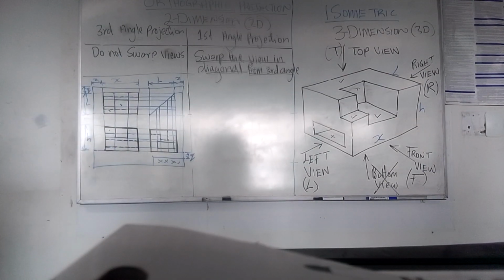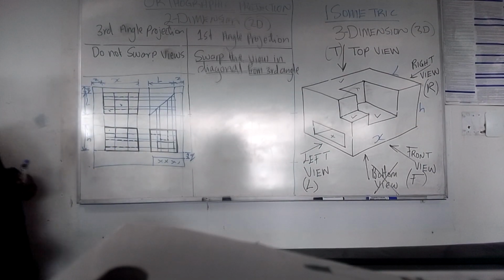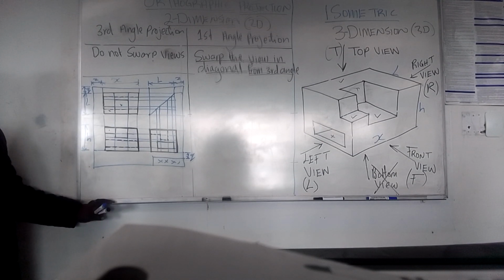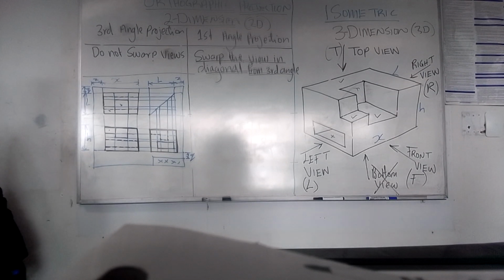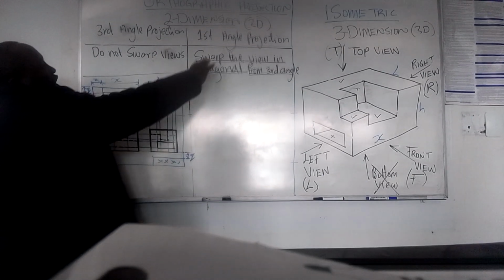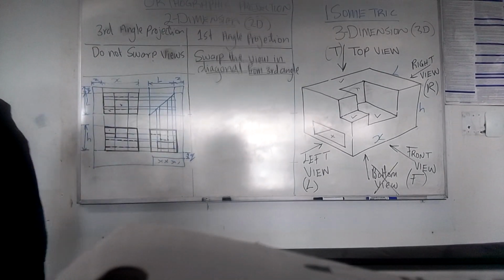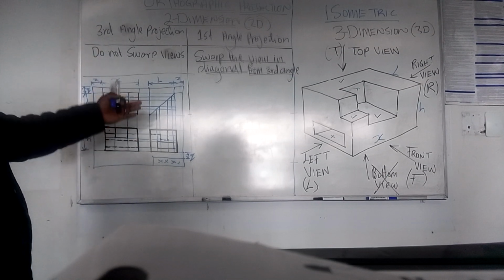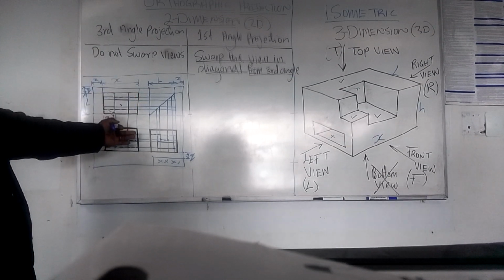Okay. So this is how you draw orthographic drawing. What is missing here is what? The symbol of projection. Remember we have already explained what is first angle projection and third angle projection. I'm only showing you in third angle projection how to extract the views.